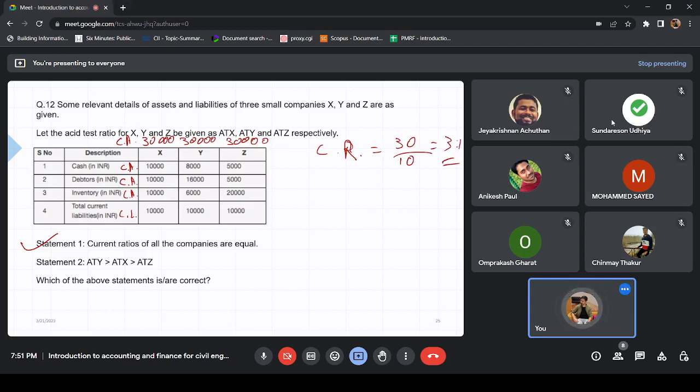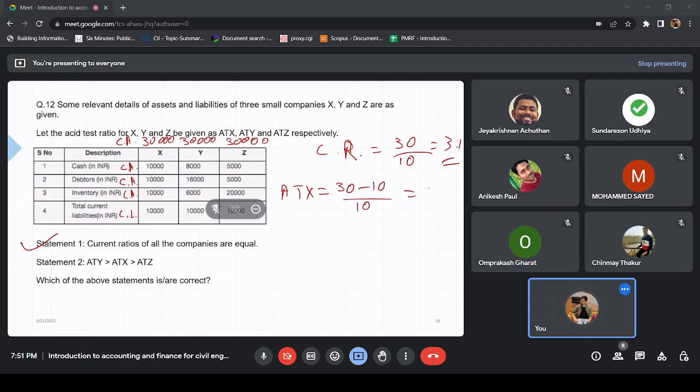What about acid test ratio? Similarly, X would be equal to 30 minus inventory 10, right, by 10. So 2.